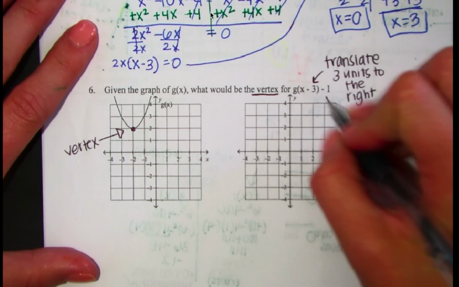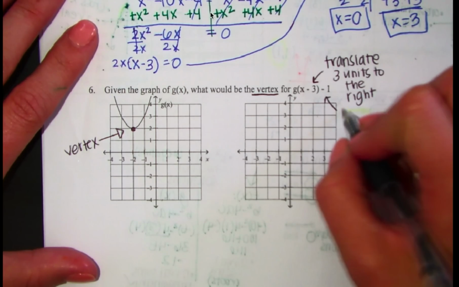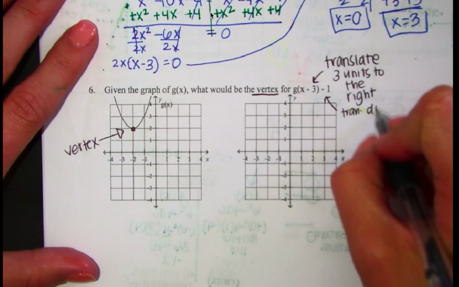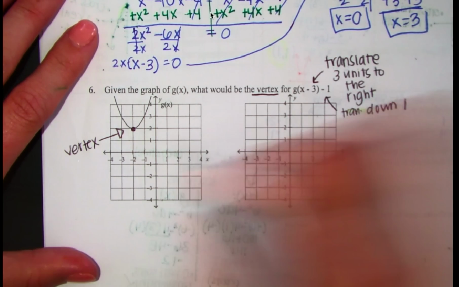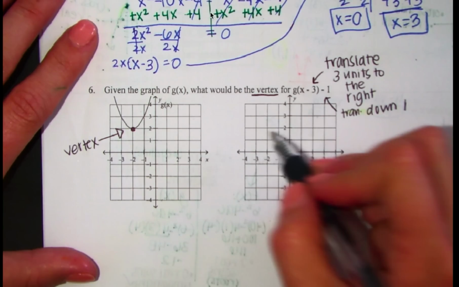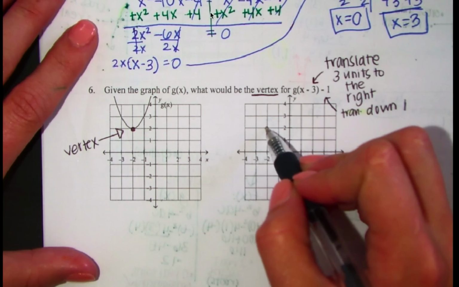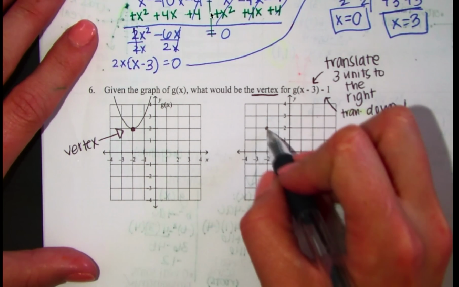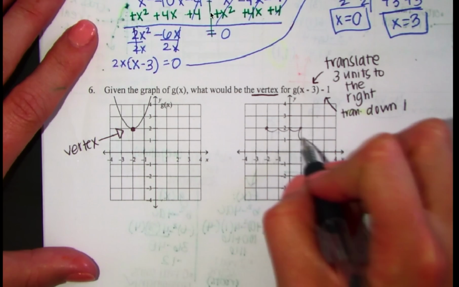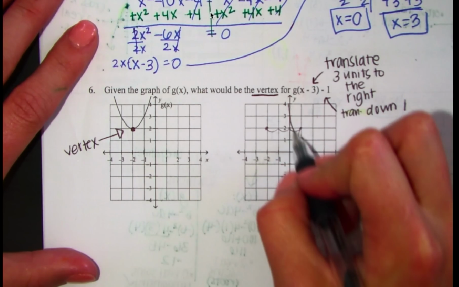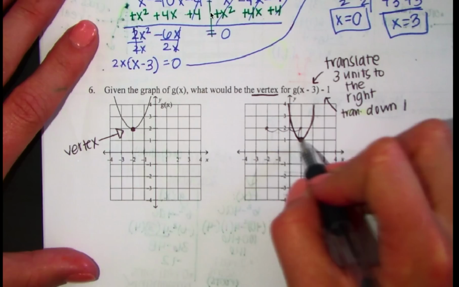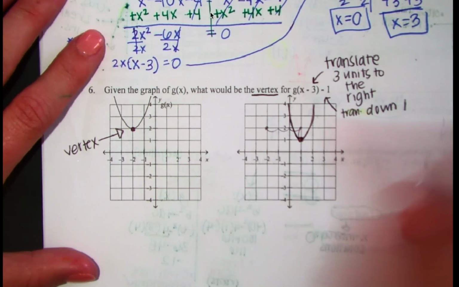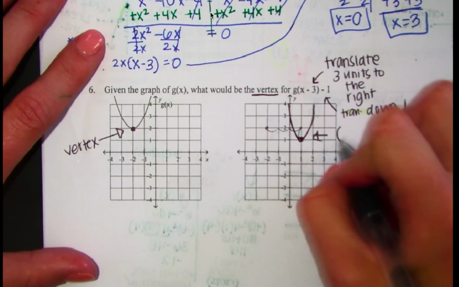And this negative 1 out here means translate down 1. So I'm going to take this vertex, which starts here, and translate it 3 to the right and down 1. And then just draw a quick sketch of that graph. So my vertex for this transformation would be right here at 1, 1.